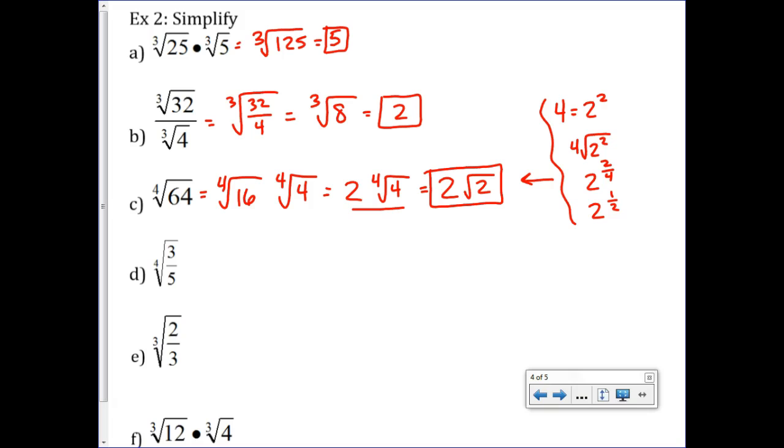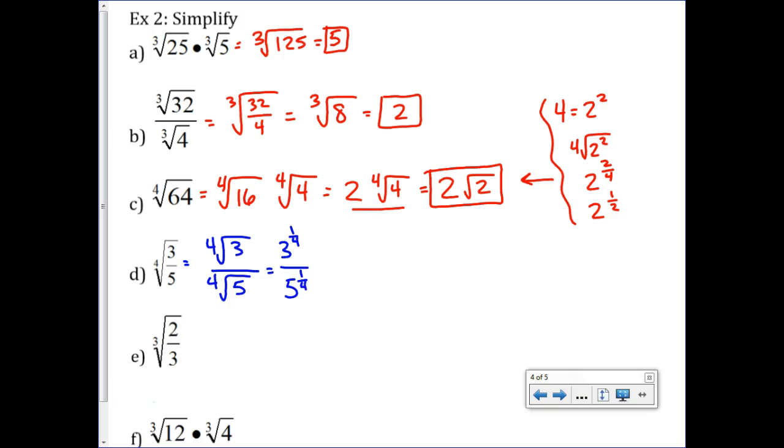All right, the 4th root of 3 over 5. So we learned that we could break this apart. We have the 4th root of 3 over the 4th root of 5. I could even rewrite that if I want, 3 to the 1/4 over 5 to the 1/4.